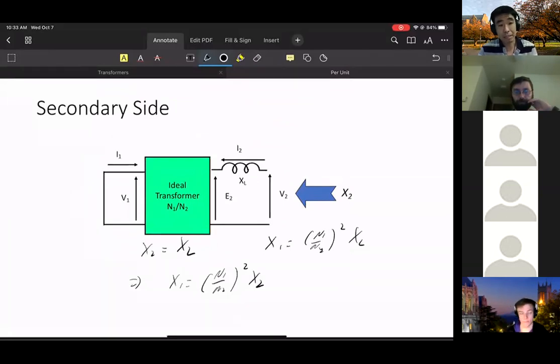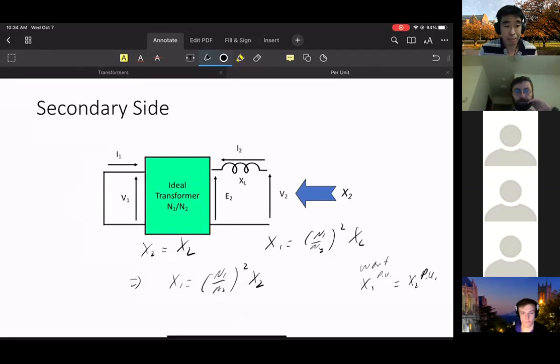Now the hope is that in the per unit system, this N1 over N2 squared term also disappears. What we want is X1 per unit equals X2 per unit. If this happens, then even for a non-ideal transformer, it's okay.